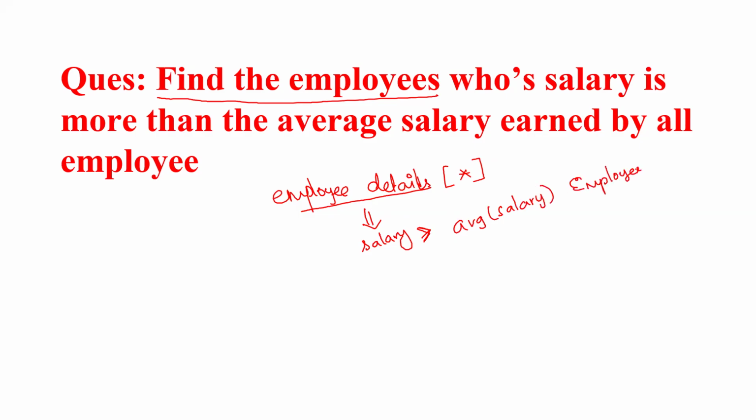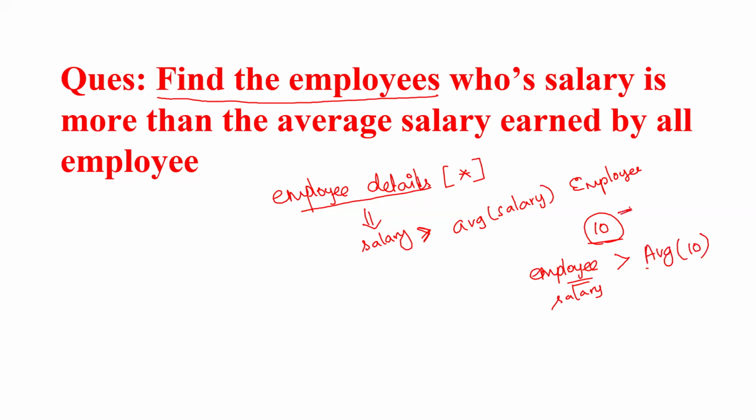For example, if there are 10 employees in a company, you have to find the employee whose salary should be greater than the average salary of all 10 employees. What is average?